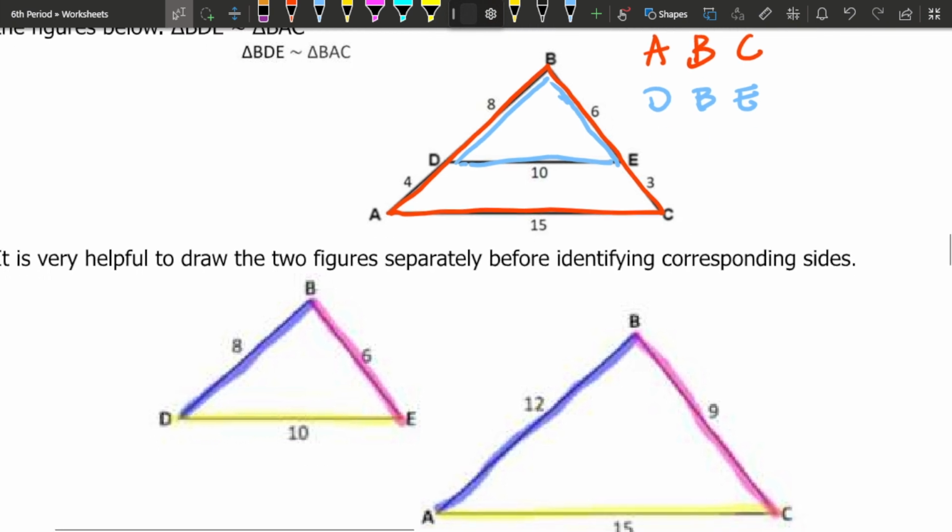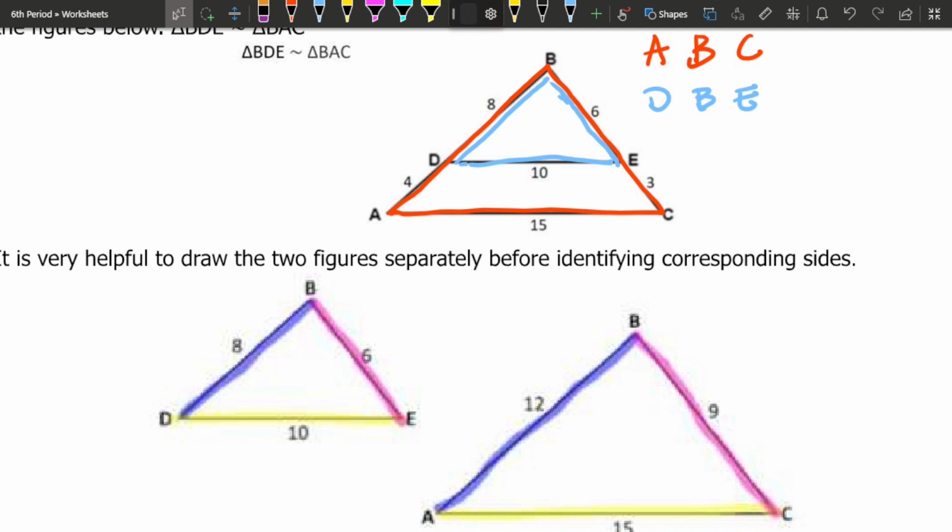So, first of all, how do they get on the big triangle this 12? Let's look at the line. The blue line is from A to B. So let's look at the original. From A to B, you have 4 and you have 8. So all together is 12.